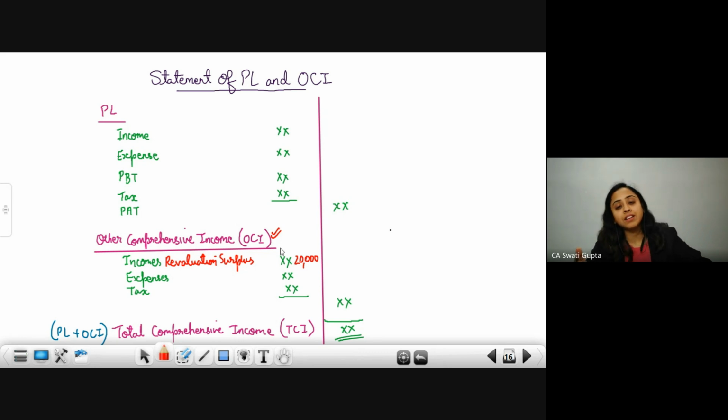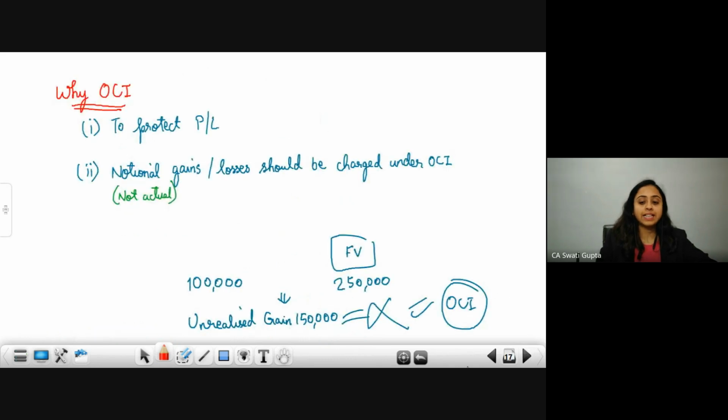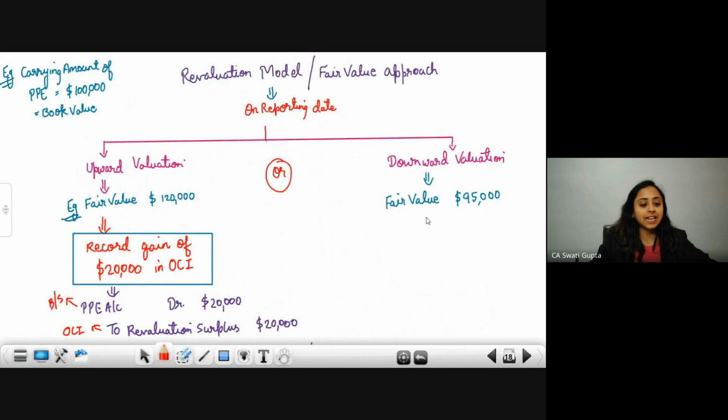In order to make it clear, I have shown this structure beforehand. Next, in case we have a loss: when the book value, the carrying amount in the books of account, was 1 lakh, and you have done a fair valuation and the value was 95,000, this means there is a loss on fair valuation of 5,000.